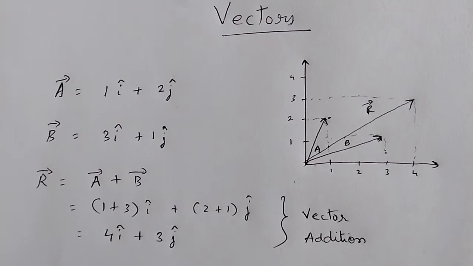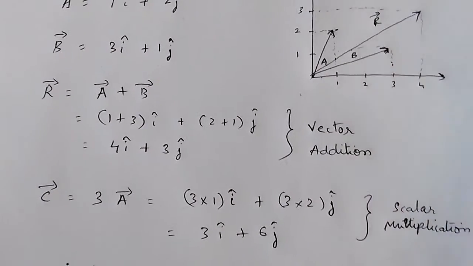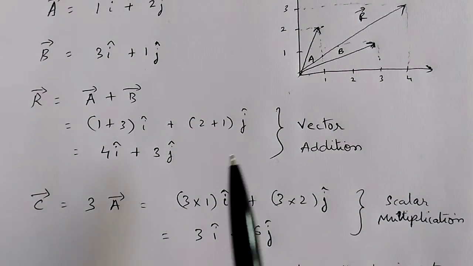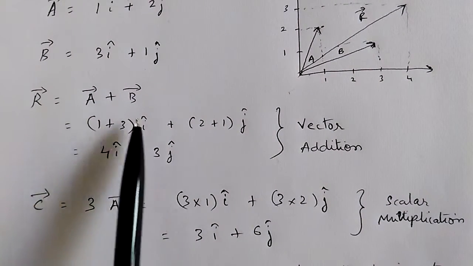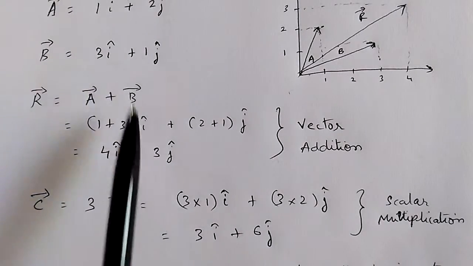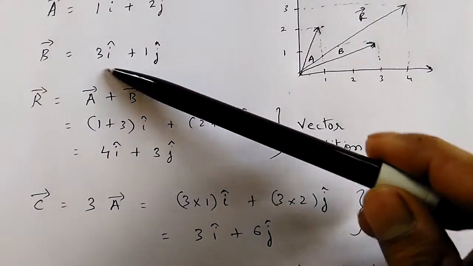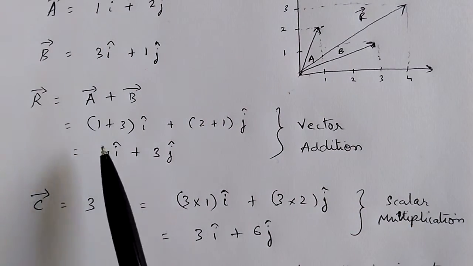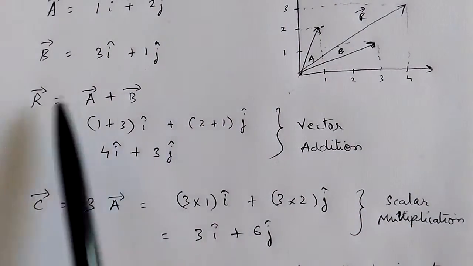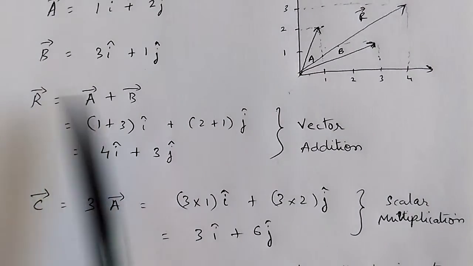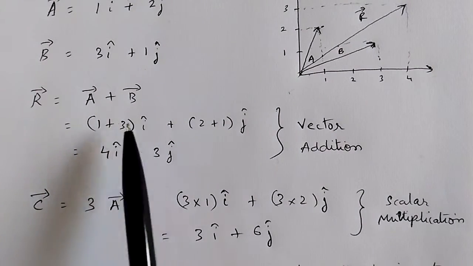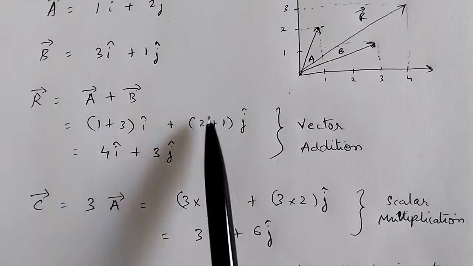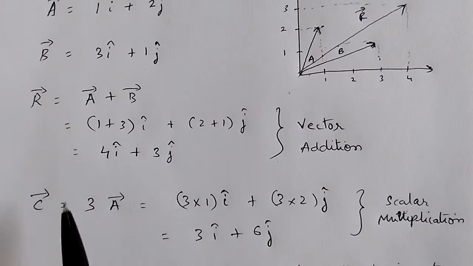Now let's look at the general properties of vectors, if you consider them as directions. The resultant vector is usually given, if you wanted to add a and b, by adding the respective components along x and the respective components along y. That gives you a new vector. So whenever you're adding vectors, you just add the respective components along a particular direction, and you get the final resultant.